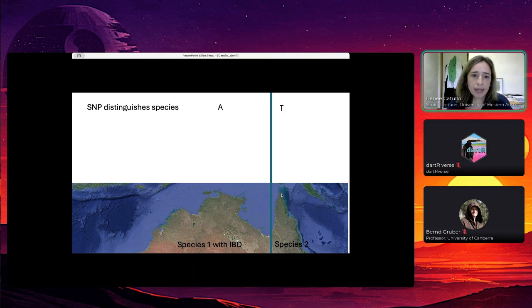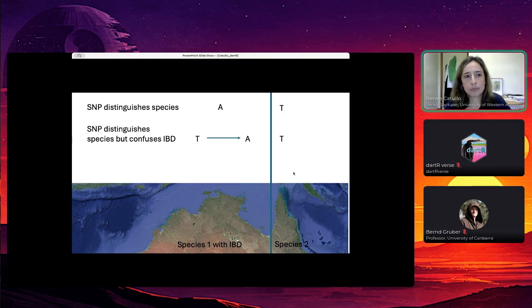So that means everybody over here has an A and everyone over here has a T. Okay, great. But if we want to distinguish isolation by distance, a SNP data set called on both species will keep things that go from basically T to A, but retain a T here, because this is biallelic data. We've thrown away all sites that have more than 3 alleles.